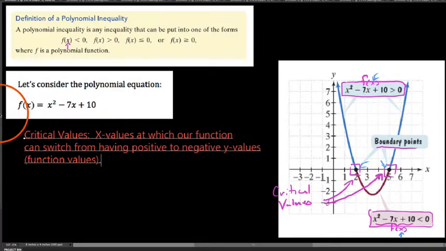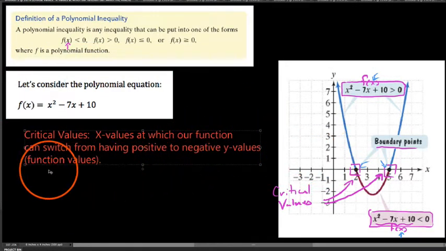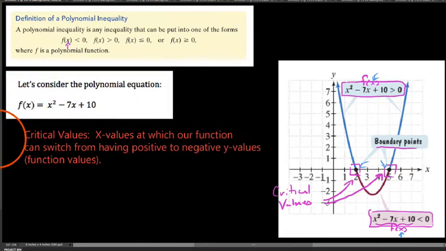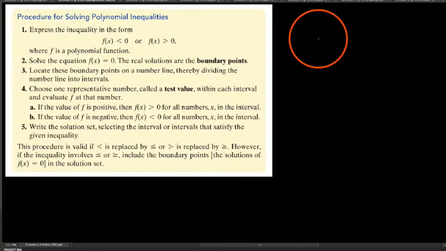What I basically want to point out is that your function has to switch from being positive to negative or negative to positive at a critical value. And we say these critical values happen at the zeros of this function. Because they happen at the zeros of the function, to solve these we're going to look for these zeros, the x values for which our function maybe switches, and then we're going to test to see if they actually switch.